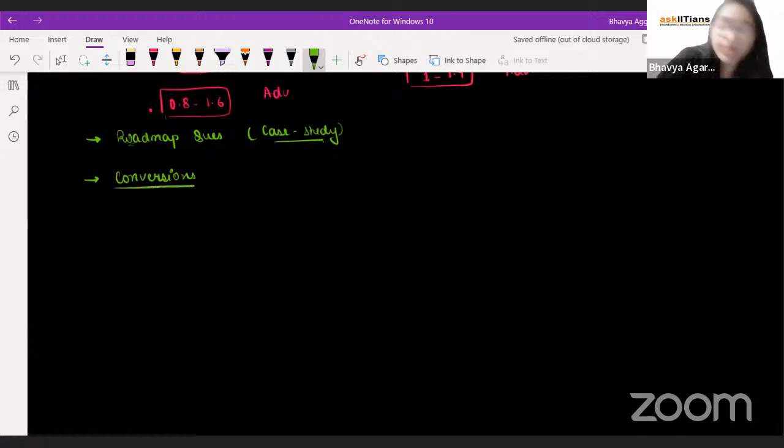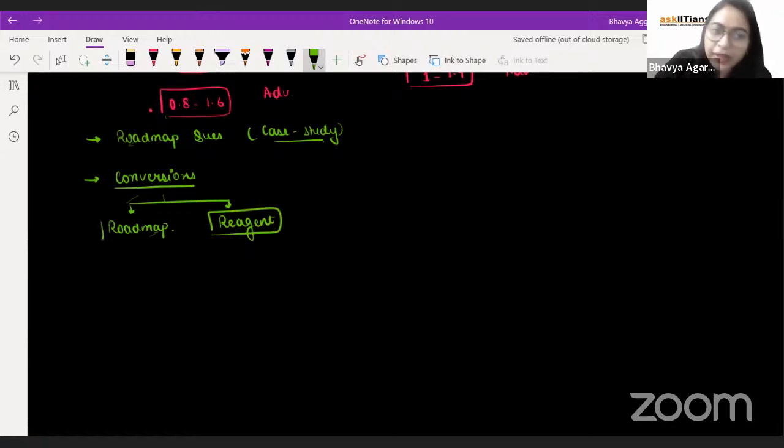But of course, this year, because of the MCQ based part, conversion is not an easy thing to ask, because this time they cannot ask you to do that. So to check your conversion abilities, one way is to ask a roadmap question to know the purpose of a reagent, right? Second way, as Dhruvi said, is to know the purpose of, again, the reagent.